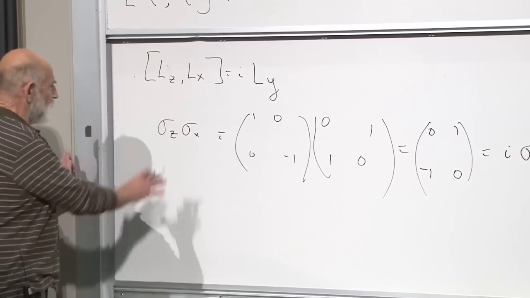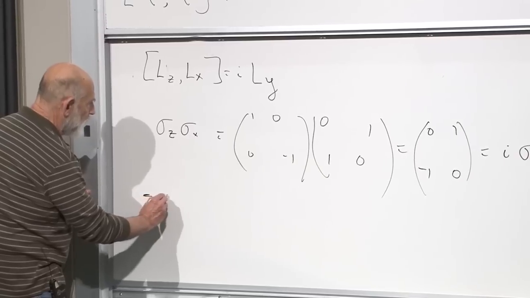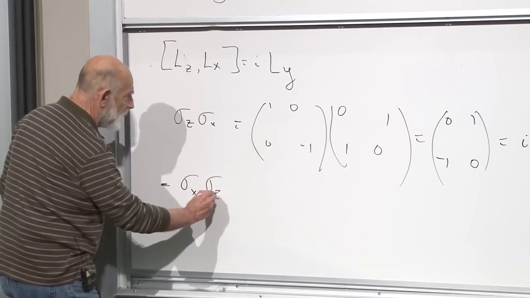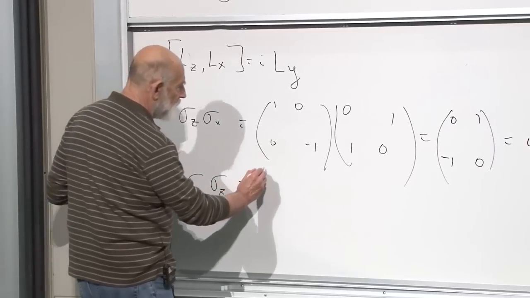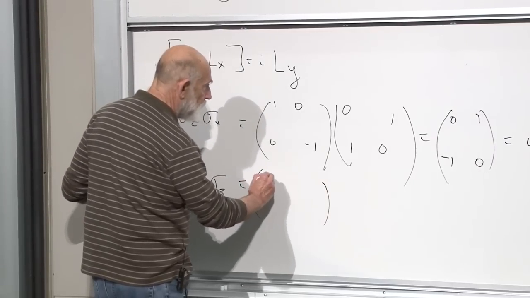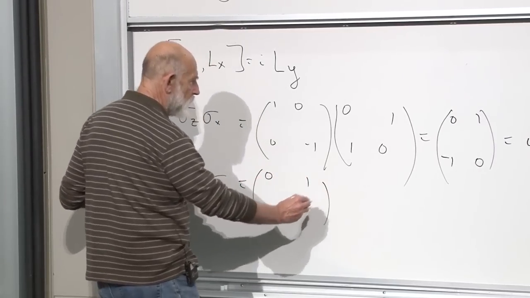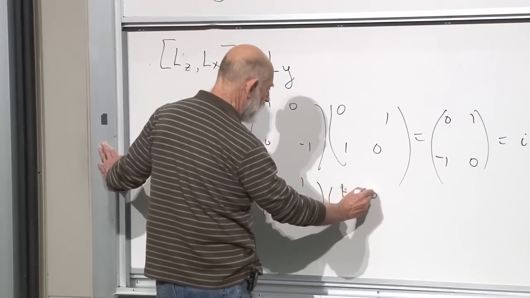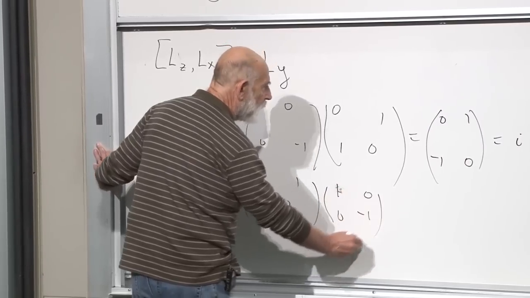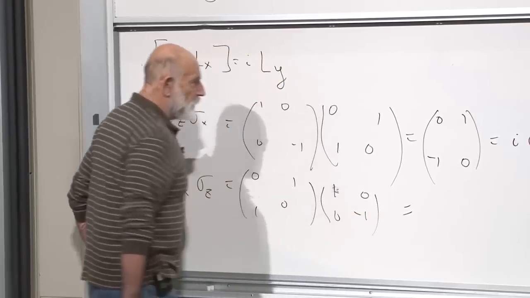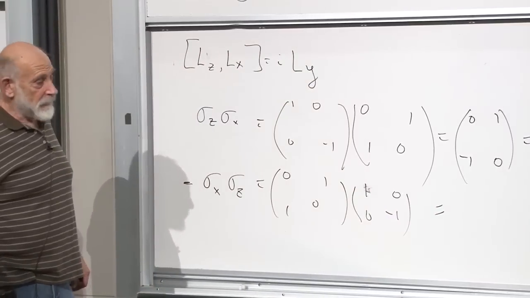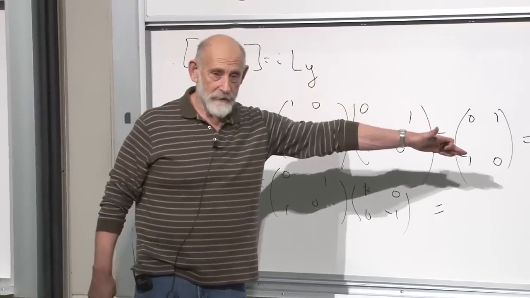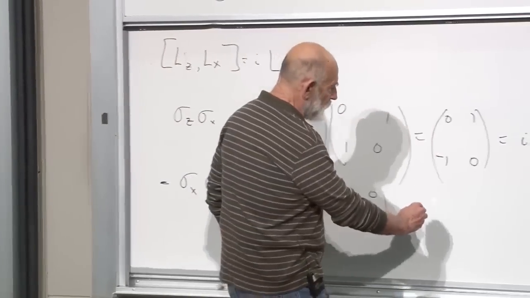The commutator is this minus sigma x sigma z. That's the commutator. And that has (0, 1; 1, 0) times (1, 0; 0, -1). And if you go through it, you don't get 0. What do you get? Exactly the same thing you got over here. Equals i sigma y.